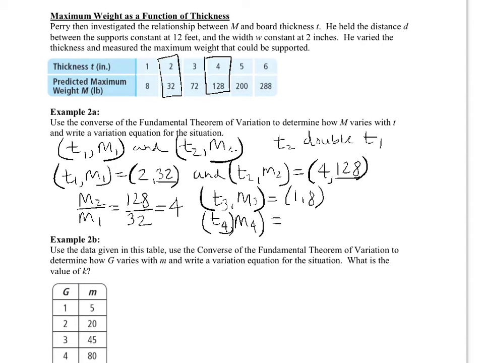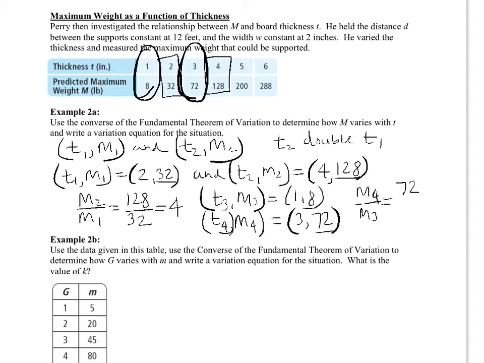So we're going to pick 3 and 72, because we want a number that's 3 times that thickness of that original one. So 1 times 3 is 3. So now M4 over M3 is 72 divided by 8, which equals 9, which is the same as 3 squared. So M does vary directly as the square of T.